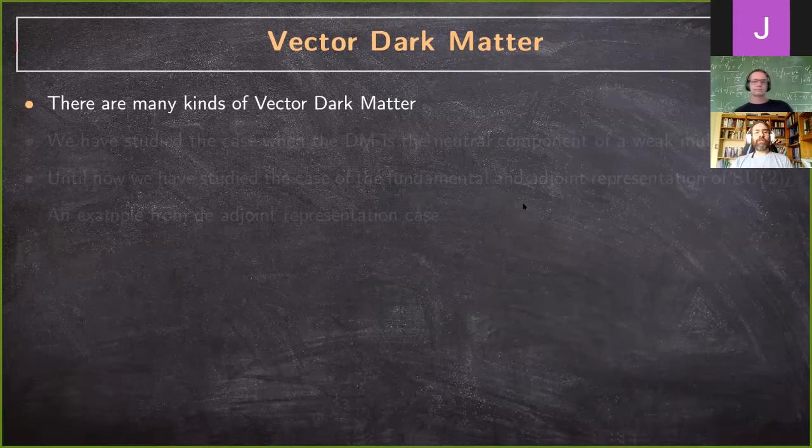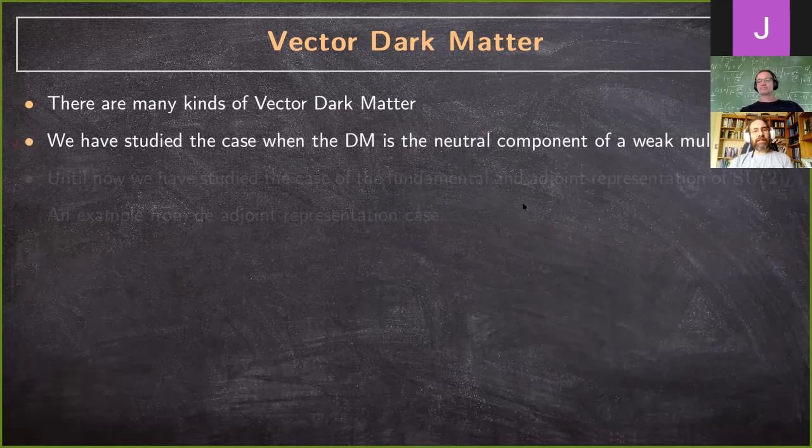There are many kinds of vector dark matter models. For instance, some models of dark photons, or some Kaluza-Klein resonances with spin 1 can be a dark matter candidate, etc. But we have studied the case when the dark matter is a neutral component of a weak multiplet, in the same spirit of the minimal dark matter model, right?